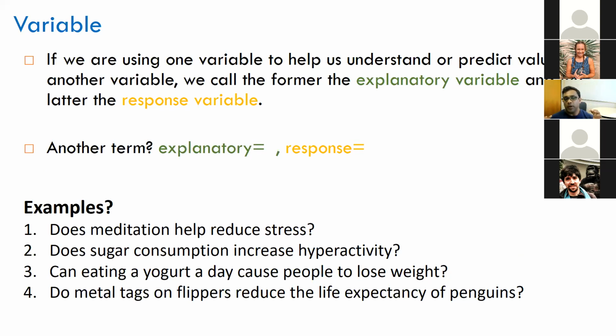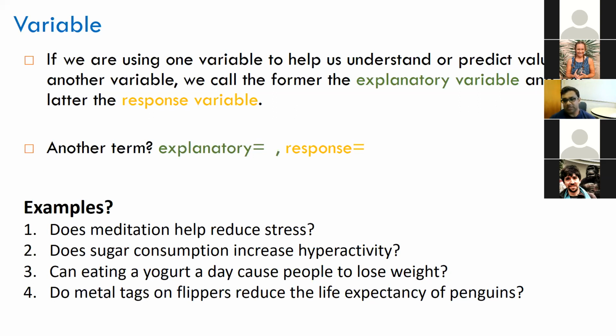So if you are given a research question like this, your explanatory or independent variable is your sugar consumption, and the response or the dependent variable is your hyperactivity. So what you have to do is give a series of sugar levels, and then you measure the hyperactivity relevant to the sugar. So your explanatory variable is the variable that you change. Here you change the sugar consumption, and then you measure the hyperactivity. So that's how it works.